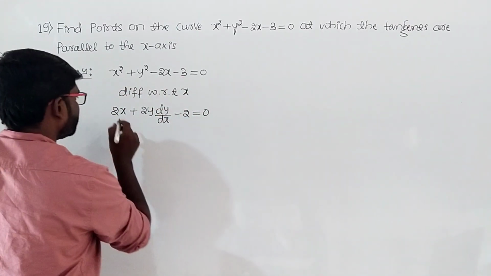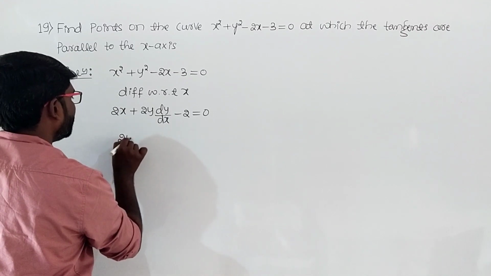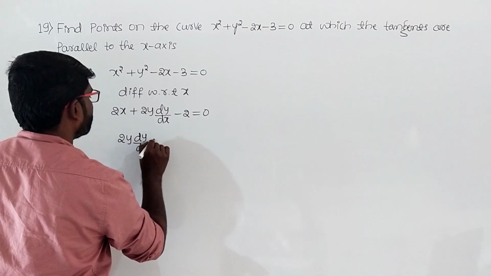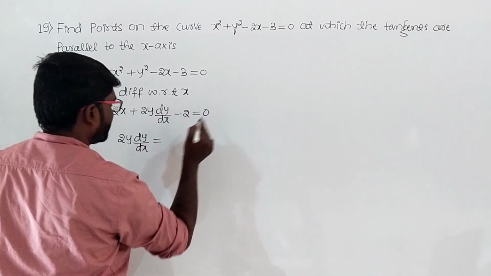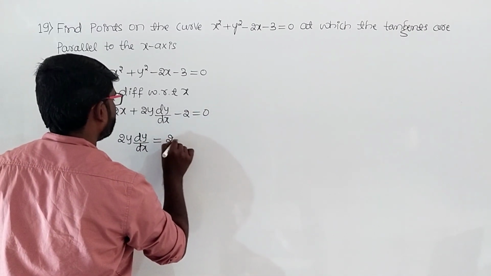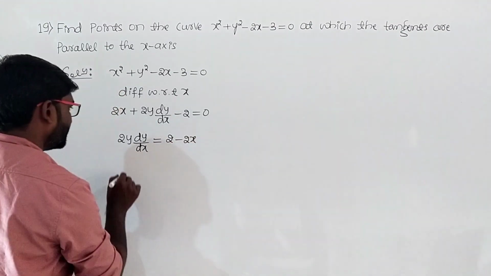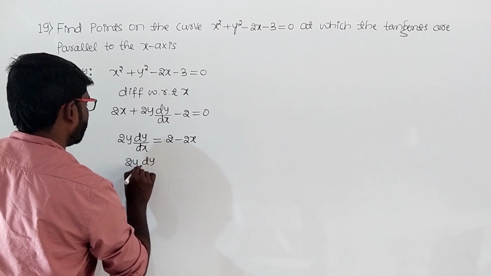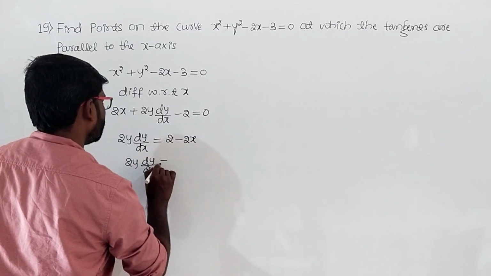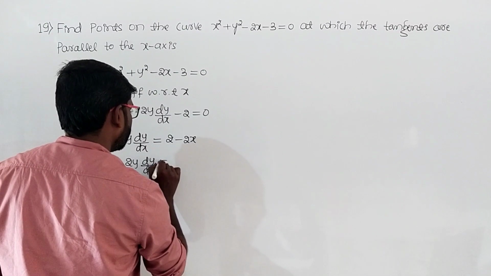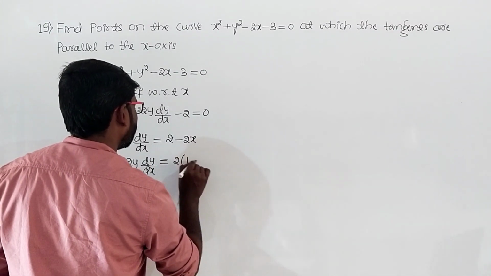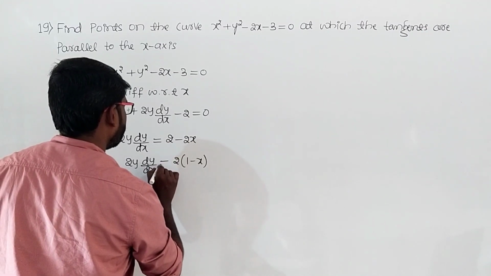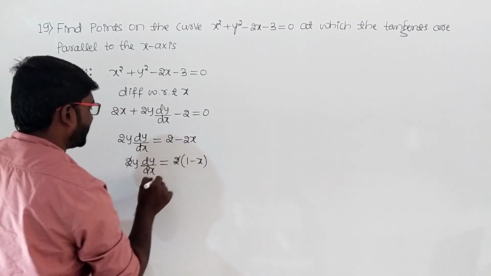So now you get 2y dy by dx is equal to, take minus 2 to the RHS, it becomes plus 2, then 2 minus 2x. 2y dy by dx is equal to, take 2 common here, you get 1 minus x, and then here 2 gets cancelled.